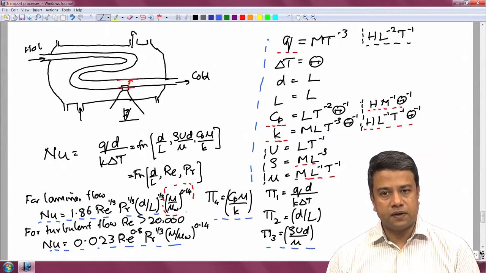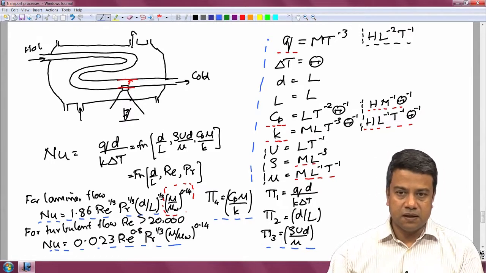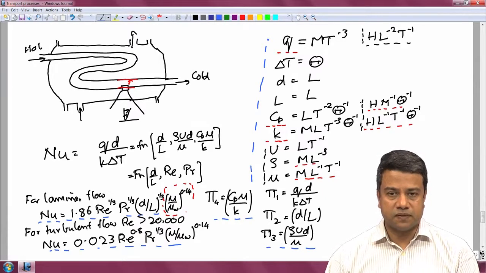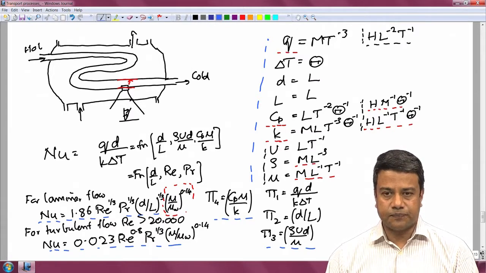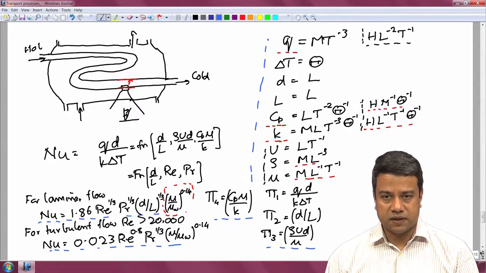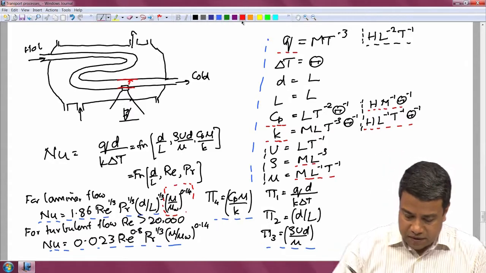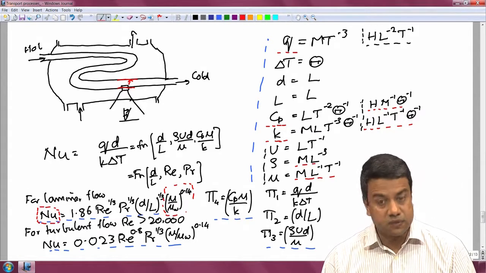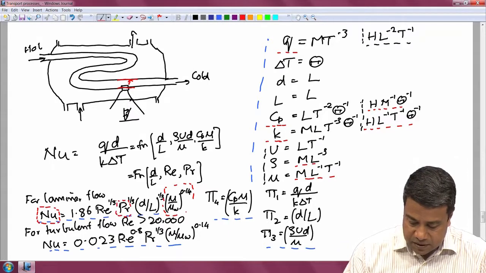If, on the other hand, I had a mass transfer problem, where some material was either coming off the surface and getting absorbed into the fluid, or the other way around, getting absorbed by the surface from the fluid or reacting or something like that, in the same configuration, if I wrote down a correlation for this, it turns out I would get the same correlation, except that instead of the dimensionless heat flux, I would have to substitute the dimensionless mass flux, which is the Sherwood number, and instead of the Prandtl number, I would have to substitute the Schmidt number.